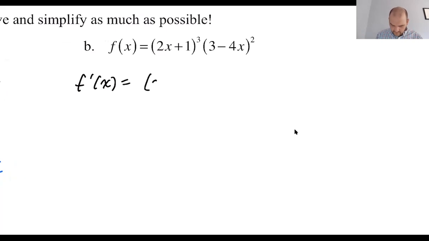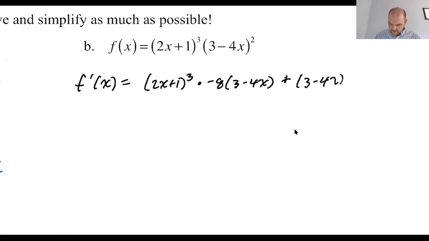So first, the first times the derivative of the second. It's going to be 2 times that thing to the first times negative 4, so I'm going to make it negative 8, 3 minus 4x to the first, plus the second, 3 minus 4x squared, times the derivative of the first.